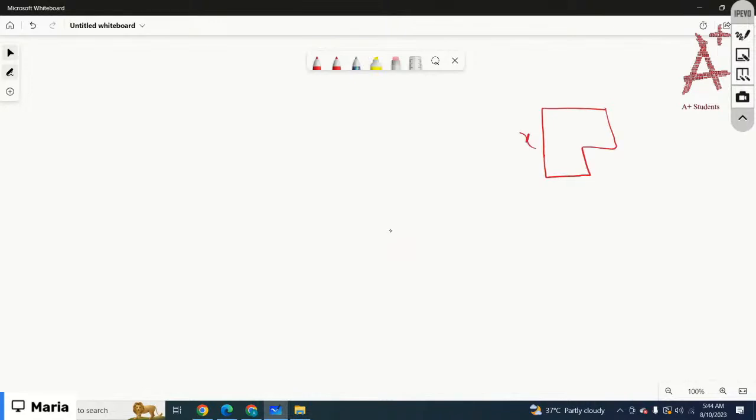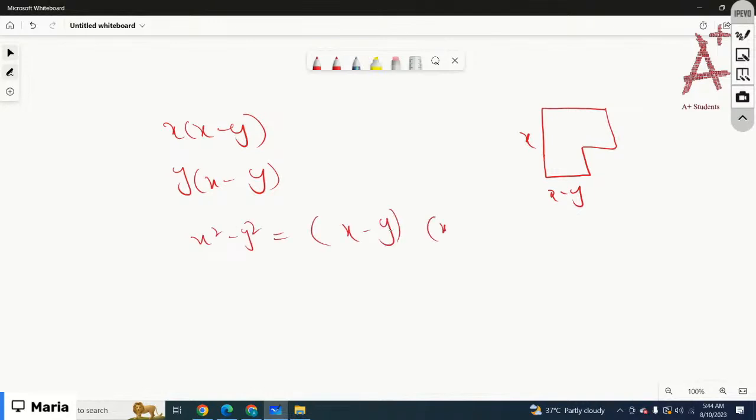So this one is x, this one is x minus y. So when you combine the areas, you have to multiply these, right? It would be x squared minus y squared equals x minus y times x plus y, right?